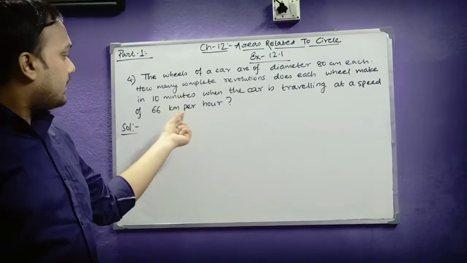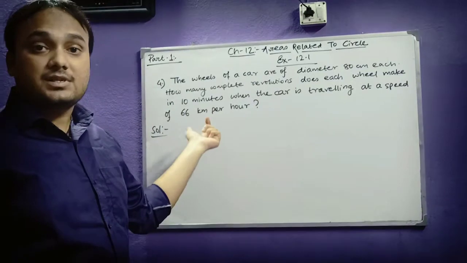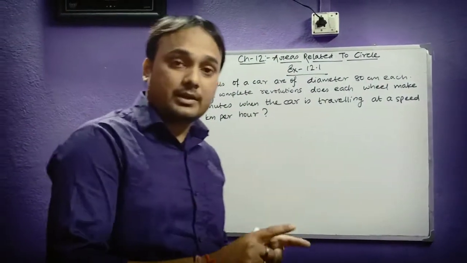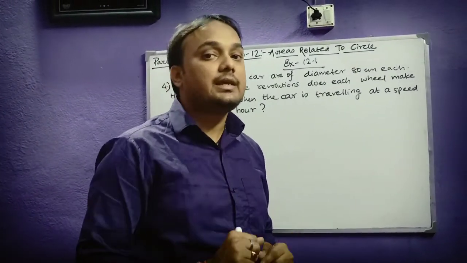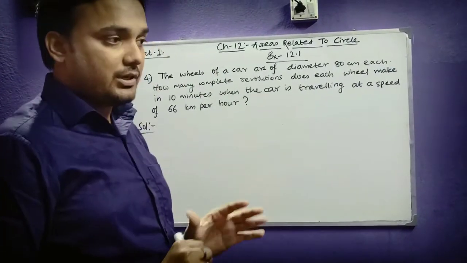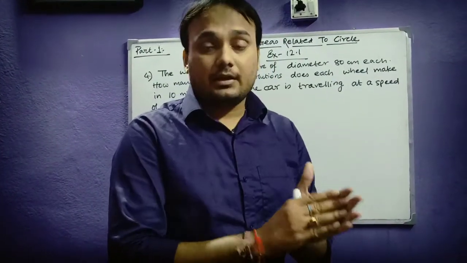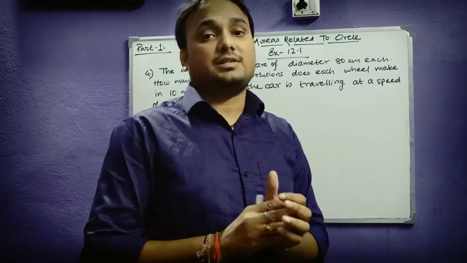That means the car is covering a distance of 66 km in 1 hour, and we need to find how many revolutions each wheel is making in 10 minutes. That is the question.